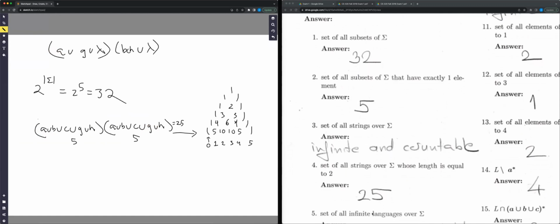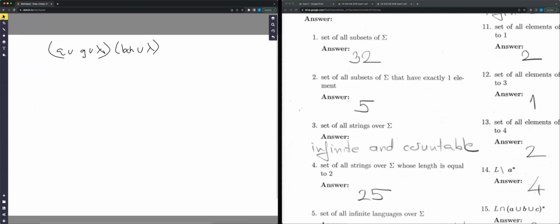And then it says set of all infinite languages. This is where I have a cheat sheet for how you answer any of these questions. You're going to find the question and there's going to be a flow chart you follow. So set of all, and then whatever comes here, it could be languages or it could be grammars, right?